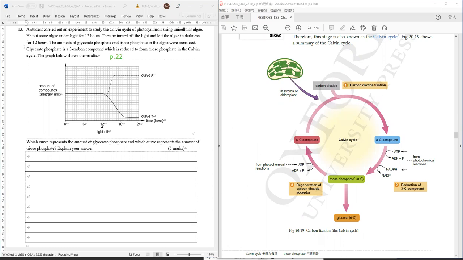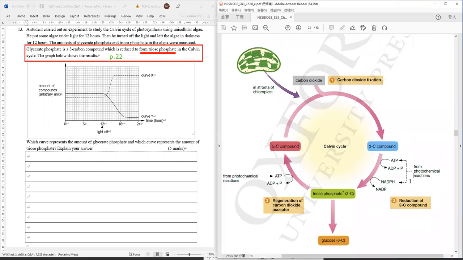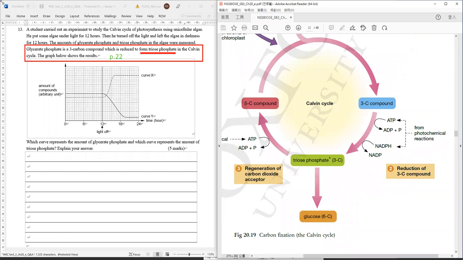You need to underline this guideline: glycerate phosphate is a 3C compound which is reduced to form triose phosphate. That means the 3C compound, in this case, we call it glycerate phosphate. Okay, this is a 3C compound.